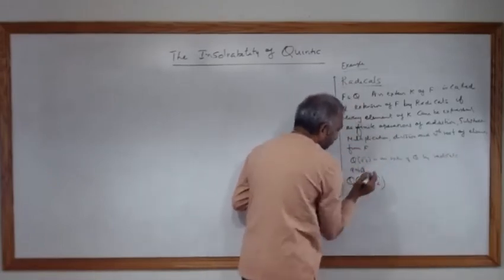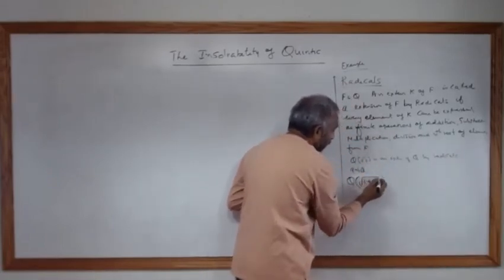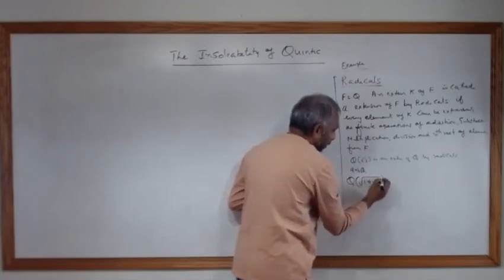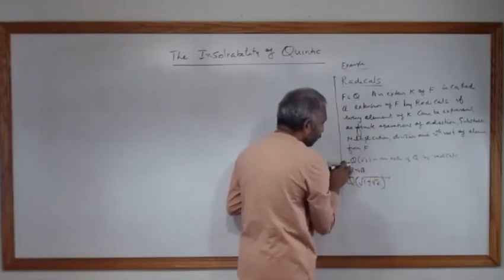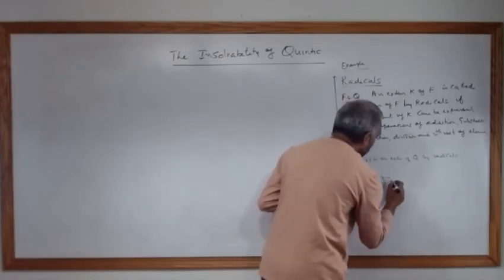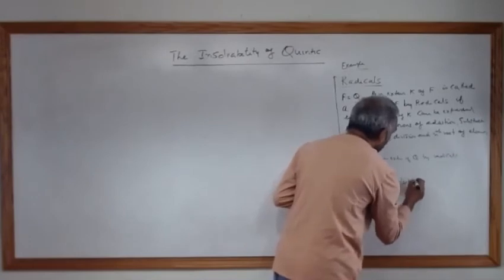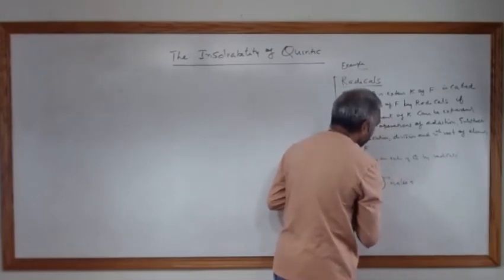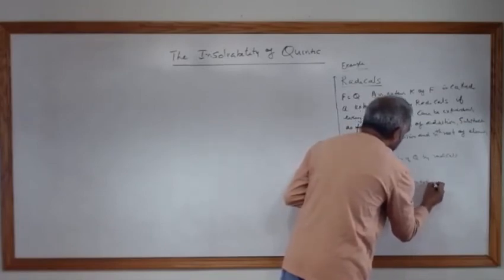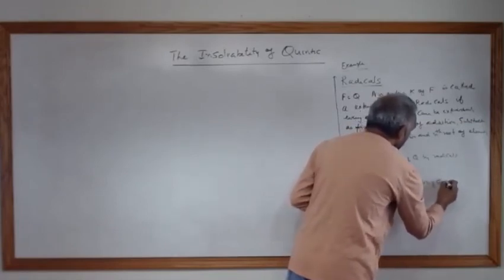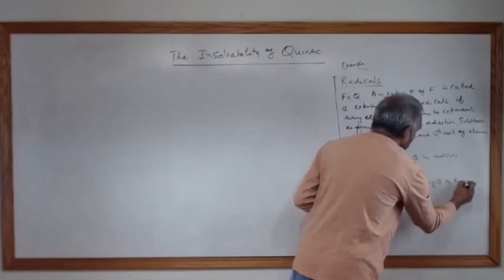The first operation is the root, this is my first operation, and this is my second operation, and all the elements are from Q. So this is also an extension of Q by radicals.